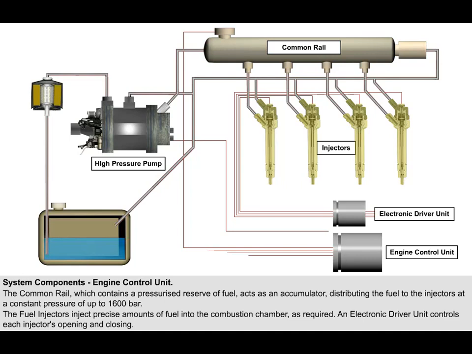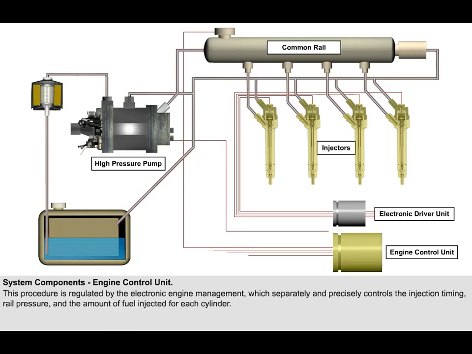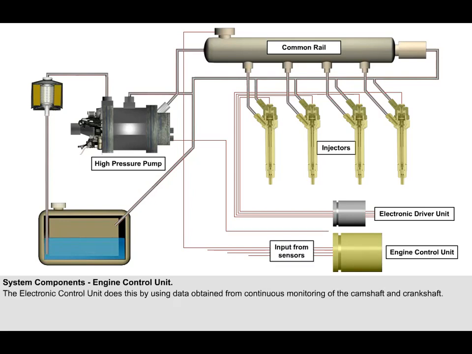An electronic driver unit controls each injector's opening and closing. This procedure is regulated by the electronic engine management, the brain of the system, which separately and precisely controls the injection timing, rail pressure, and the amount of fuel injected for each cylinder. It does this by using information obtained from continuously monitoring the operating conditions of the engine.